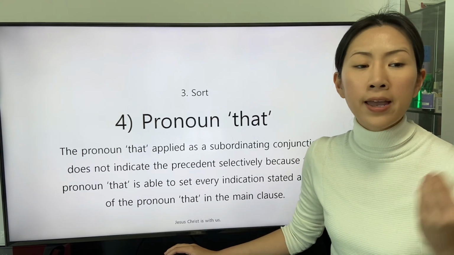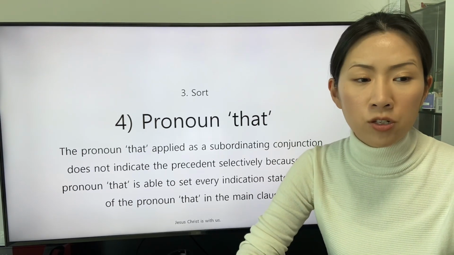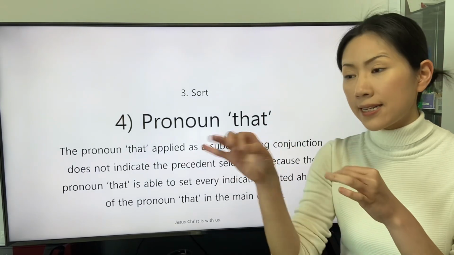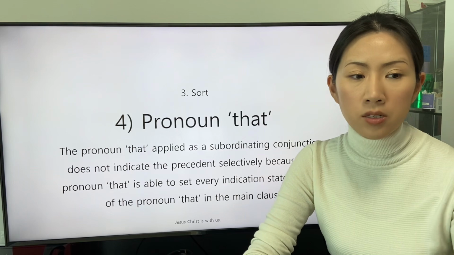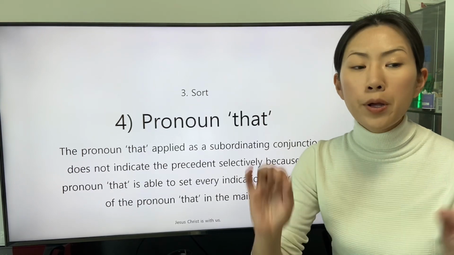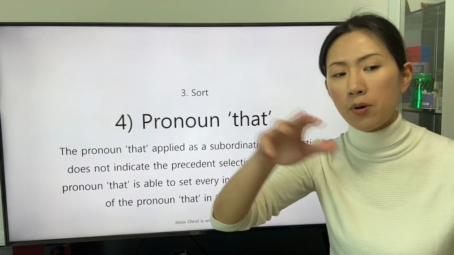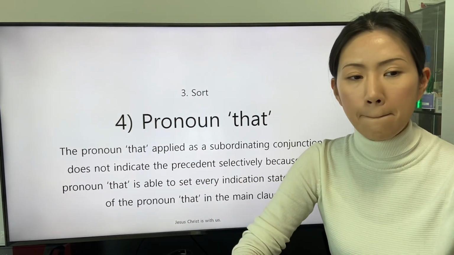The pronoun that applied as a subordinating conjunction does not indicate the precedent selectively, because the pronoun that is able to set every indication stated ahead of the pronoun that in the main clause.